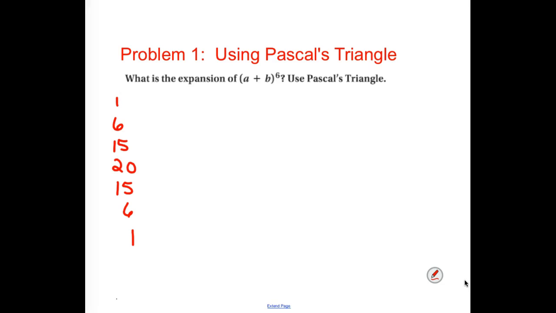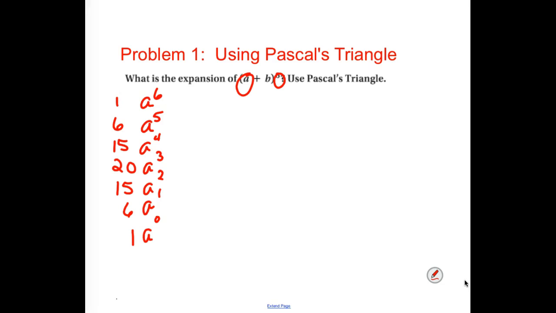Okay? Now, you guys said that the a power went up or down as you went through your polynomial. It went down, right? It started with the highest power and went down. So my a is going to start out with the highest power, which is a 6, and then it's going to go down. And what happens to the b term?